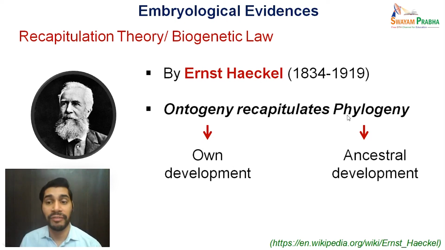Phylogeny is the ancestral development, that means how a particular species has evolved with time. So this statement says that the developmental process of an individual repeats the phylogenetic process that has taken place in the origin of that particular species.